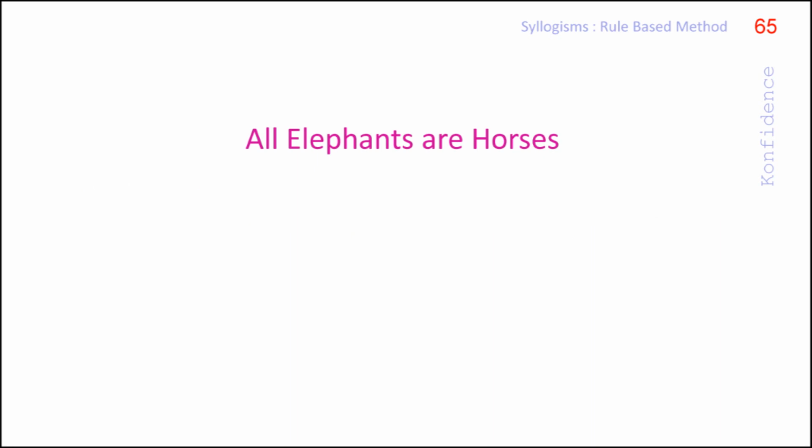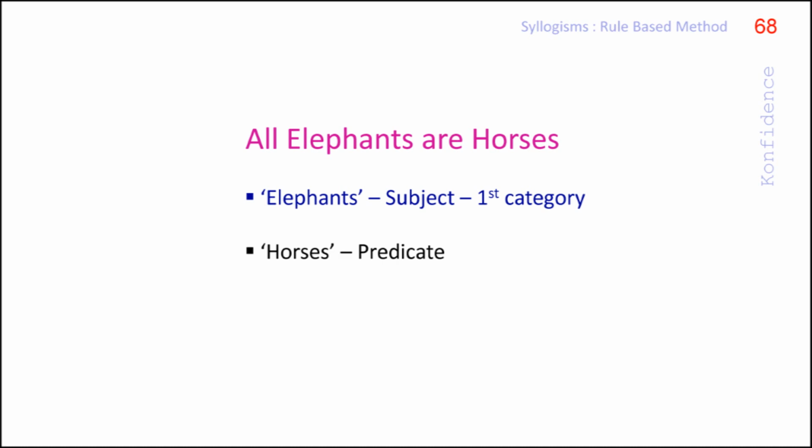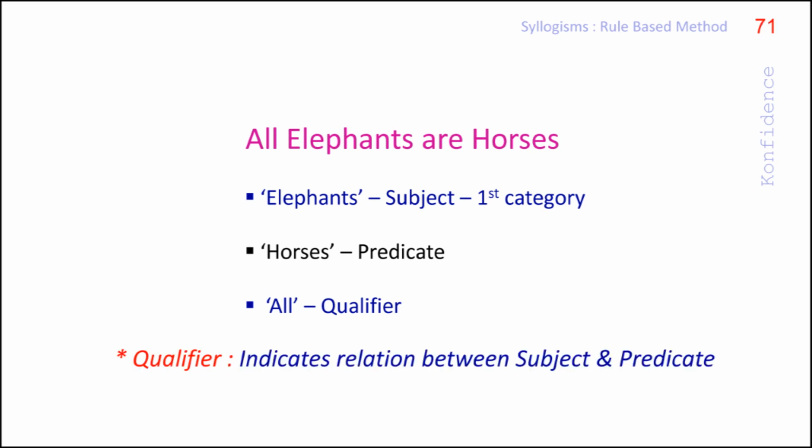In the premise shown in the slide, elephants is the subject as it is the first category and horses is the predicate. All is the qualifier in this statement. Qualifier is the term that tells us the relationship between the two sets, the subject and the predicate.